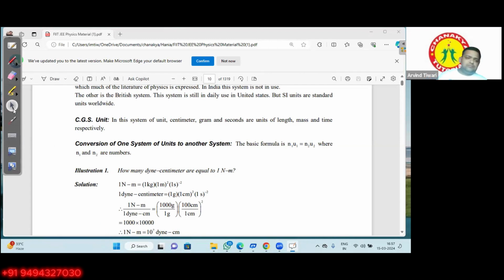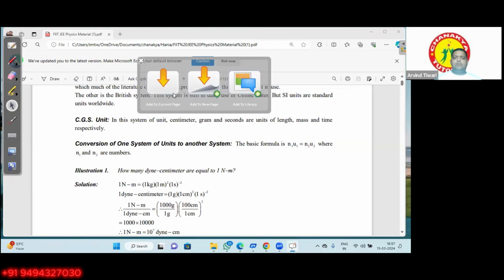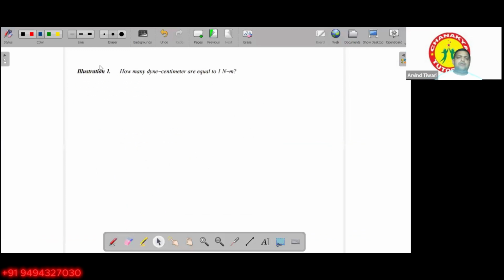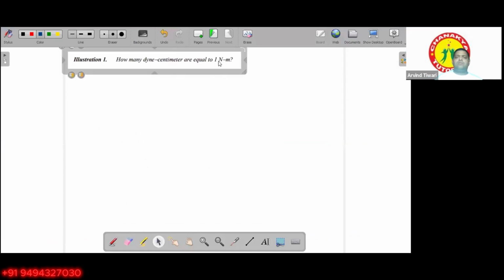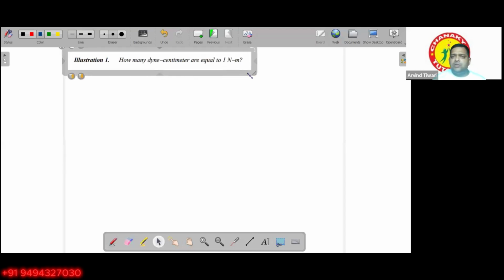This is the question. So how many of you can convert dyne centimeter to Newton meter?